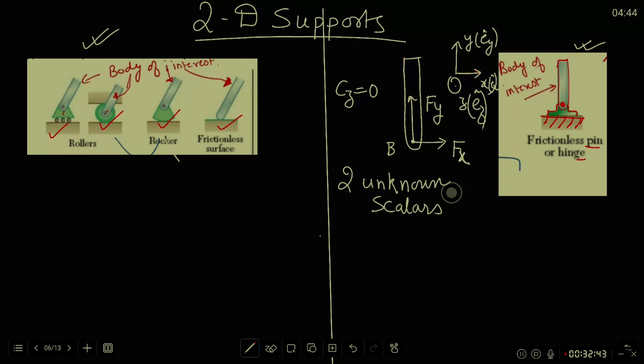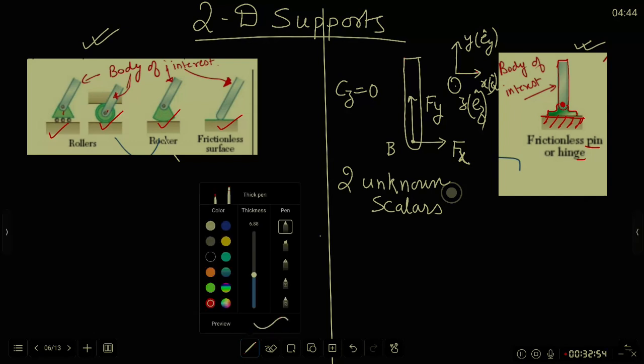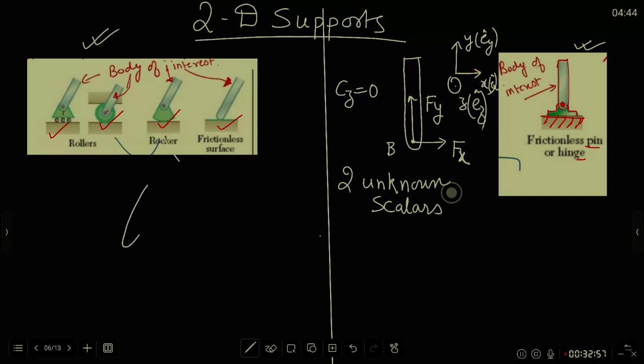What will be that reaction force system? So this is my body of interest in all of them. The blue color rigid body in all these four figures is what I have drawn here. Blue color RB. I want to draw the truncated FBD of this. Now all these supports will try to resist the motion of the RB if you try to translate the body in the vertical direction.